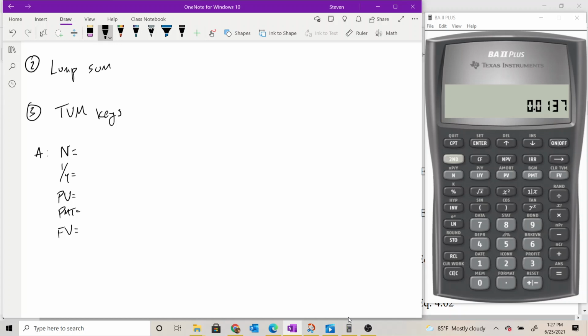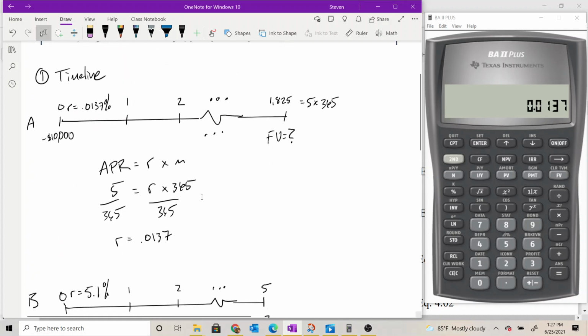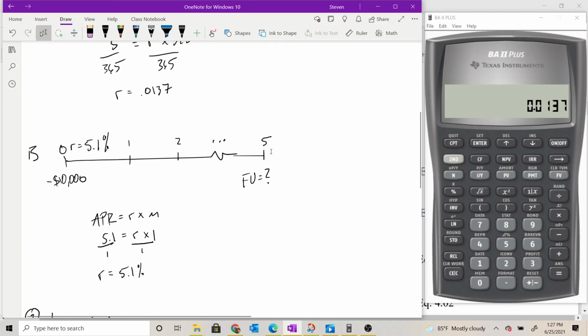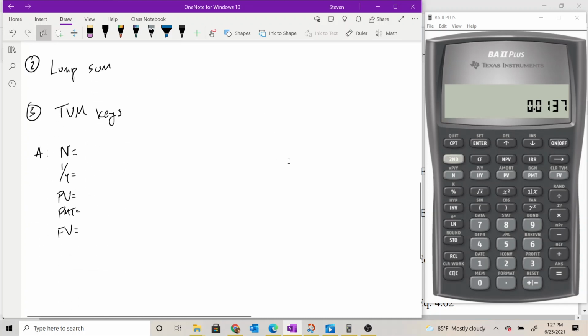All right, N for investment A. N is the number of compounding periods over the life of the investment, and that's going to be the number that's above the last tick mark on our timeline. We're going to be credited interest 1,825 times with this investment, so our N is 1,825.